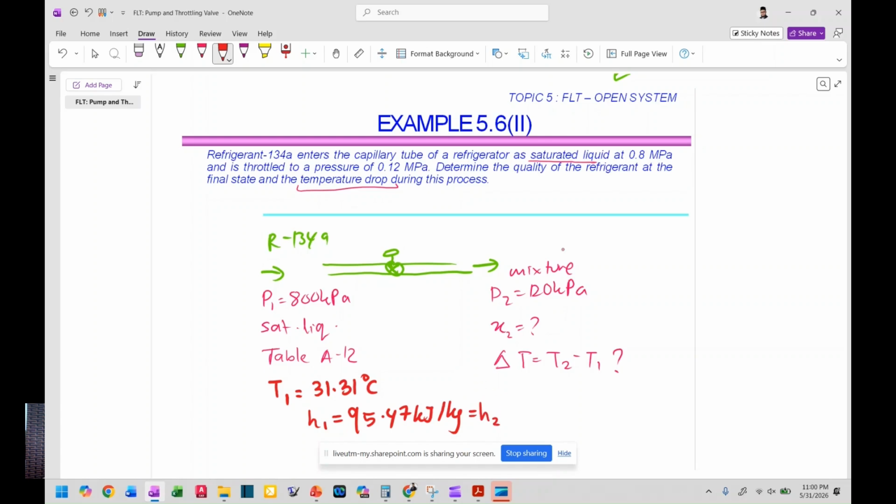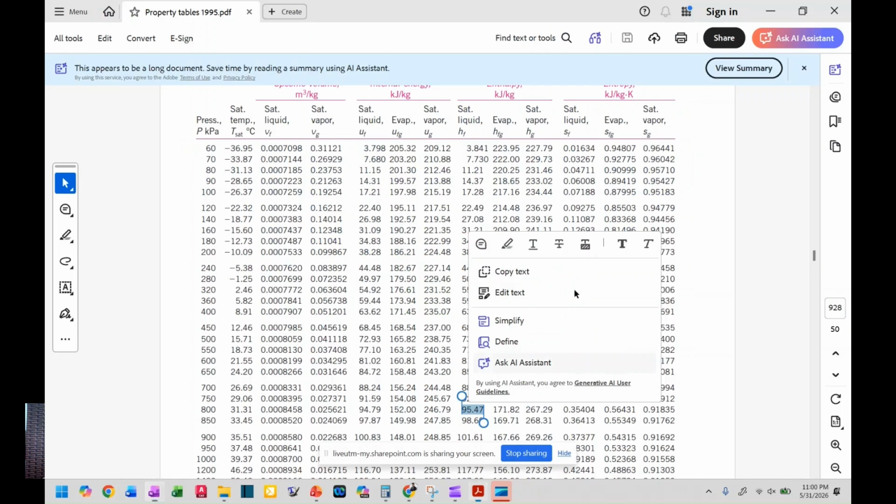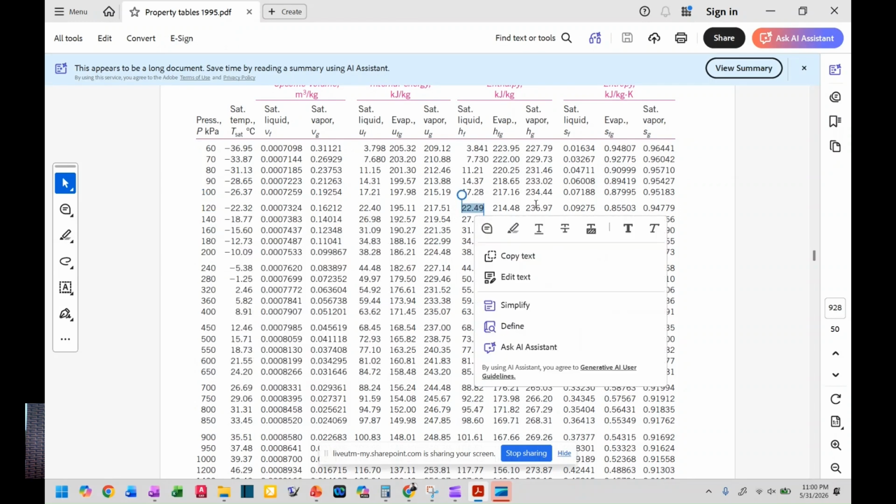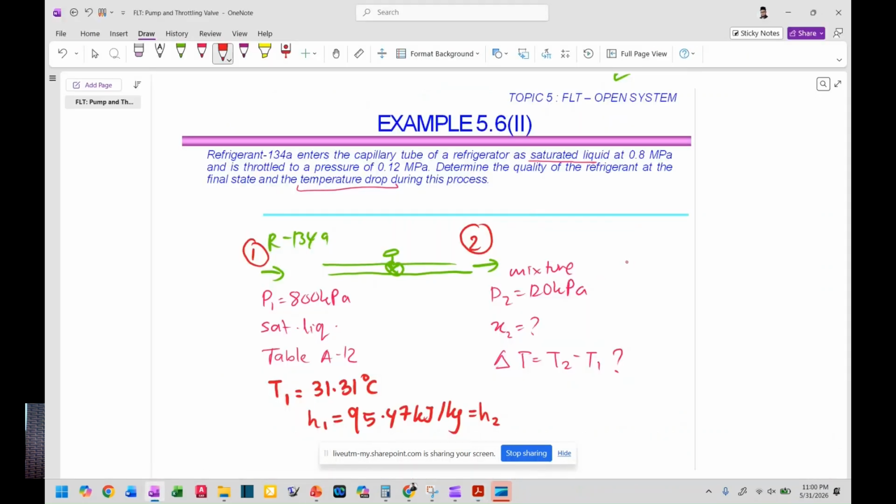Now for state 2, I forgot to label this 1 and 2, but it's self-explanatory, right? So for 120 kilopascals, we are somewhere here, and we have HF and Hg values. So let's take 22.49 for HF. And HFG.